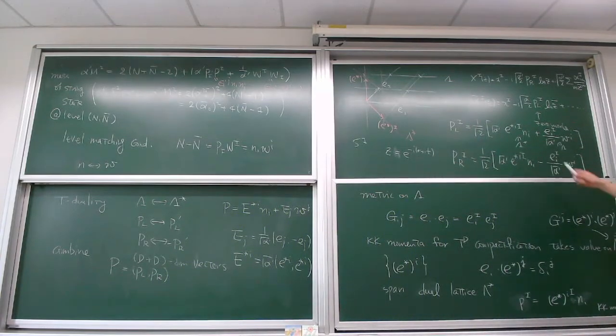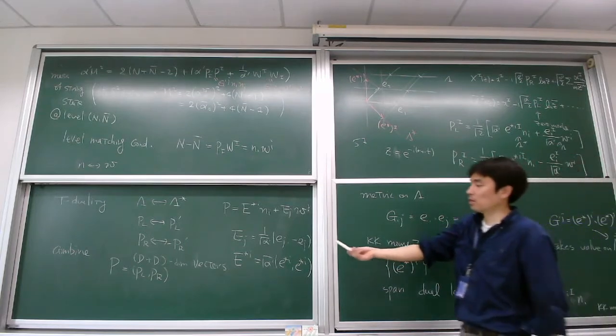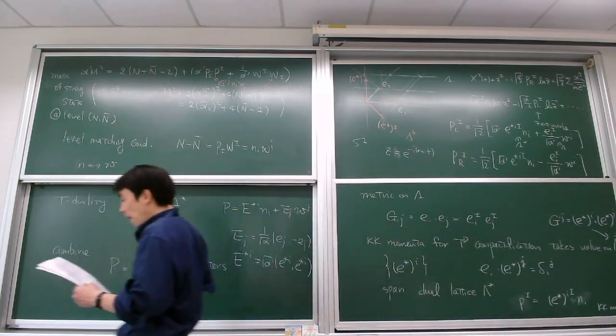Namely, we just take two column vectors, or even row vectors, whichever is okay, and combine the two vectors, but the opposite lattice is up to a sign, plus or minus, coming from here.